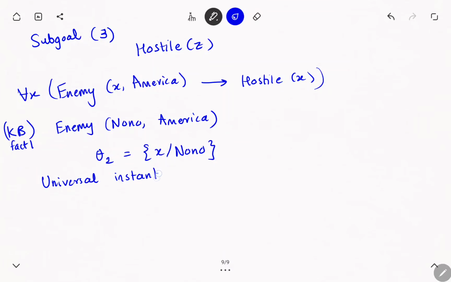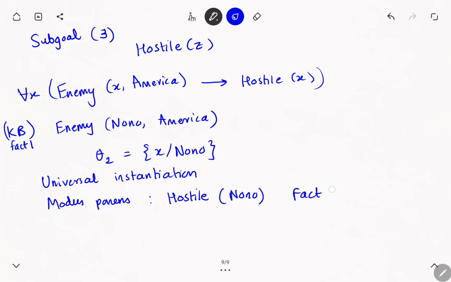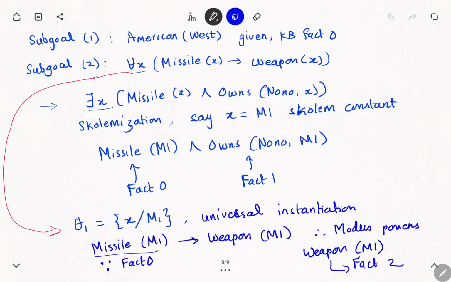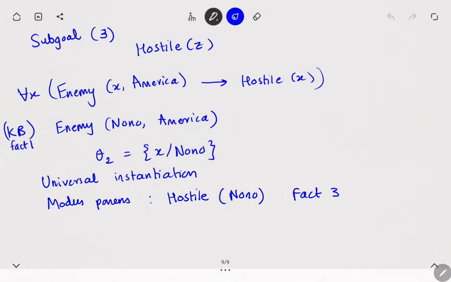So substitution and universal instantiation, you have to write both, and then you can say that by modus ponens, left hand side is true, therefore the right hand side has to be true. So you can say that hostile Nono is hostile. So I can say that this is the derived fact number 3. I hope I'm numbering correctly. Yeah, fact 2 was weapon M1, so this is fact 3, hostile Nono.